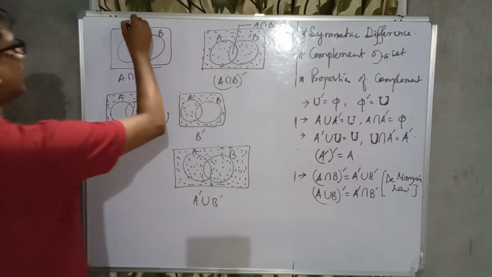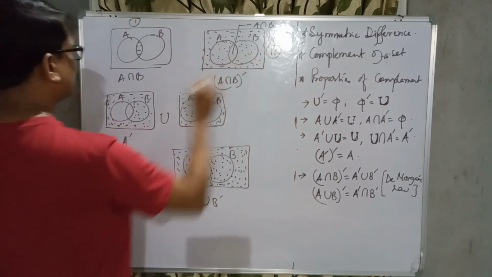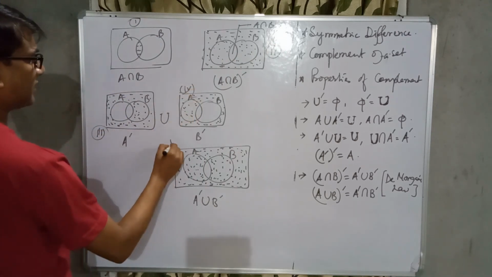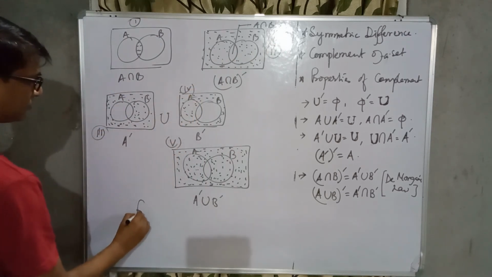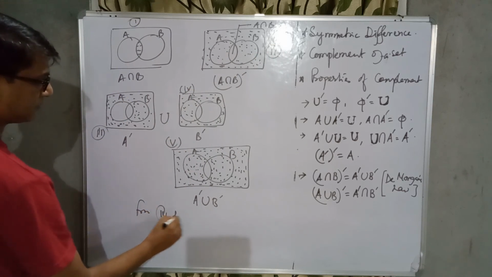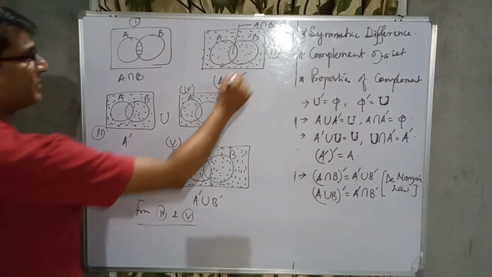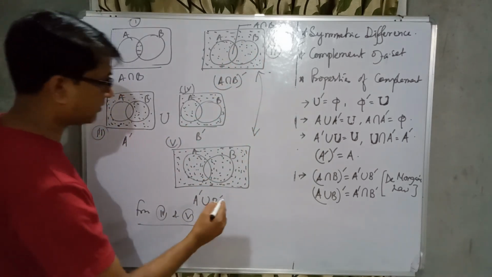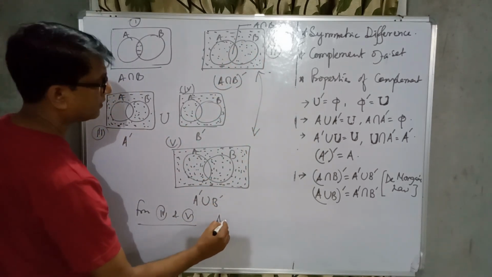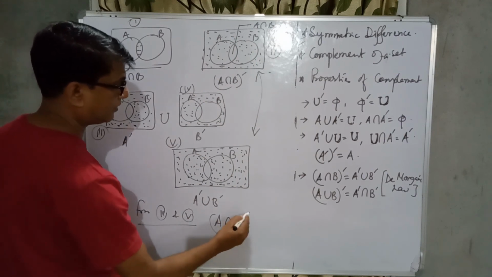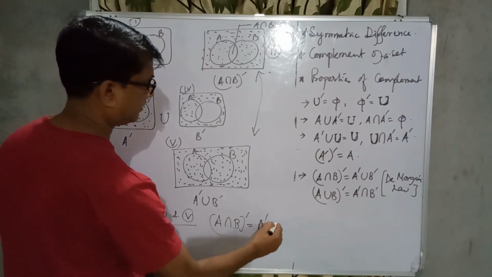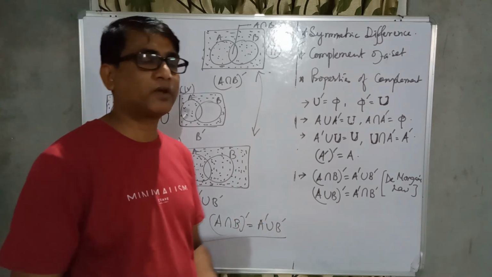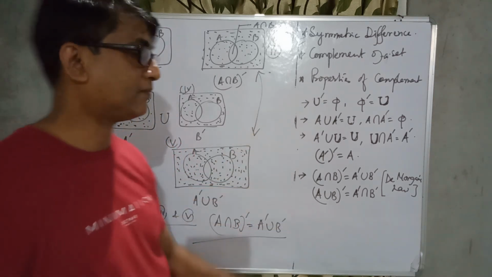Now this is figure 1, figure 2, figure 3, figure 4, figure 5. If we compare figures 2 and 5, we get that complement of A intersection B is equal to A complement union B complement.